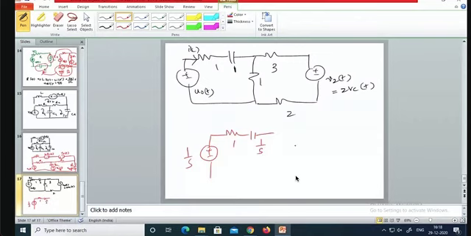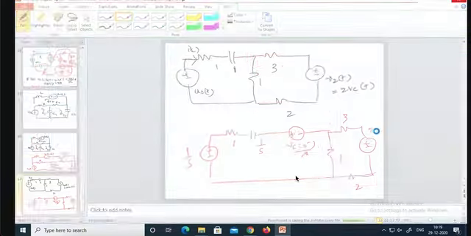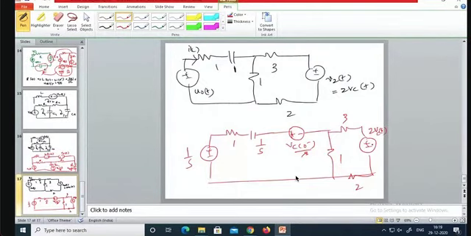S into 1 is 1, that is S, and the voltage source plus minus is VC of 0 minus by S, or 0 by S, and this is the network. This 3, 1, 2, and this 2 VC of S, 2 VC of S. That's all. Okay, this is a transform network.